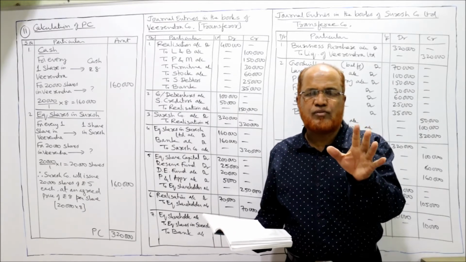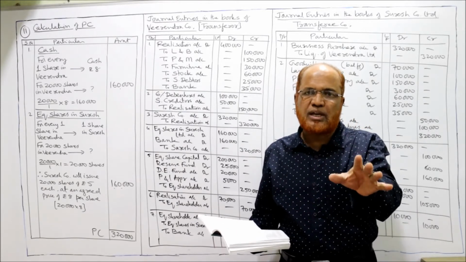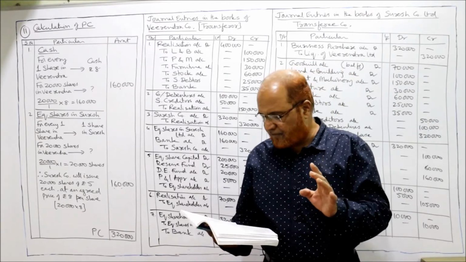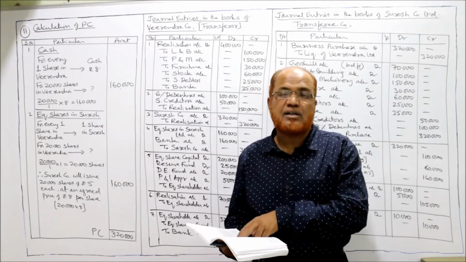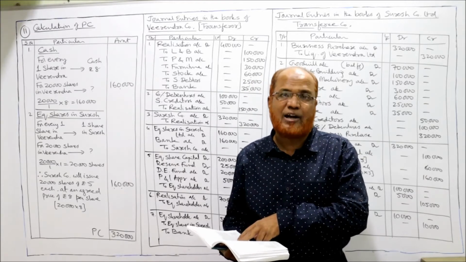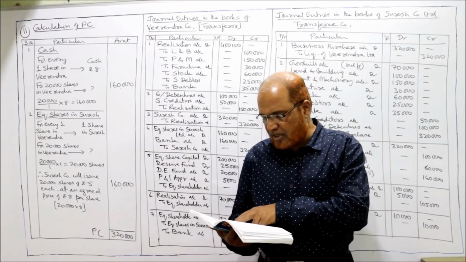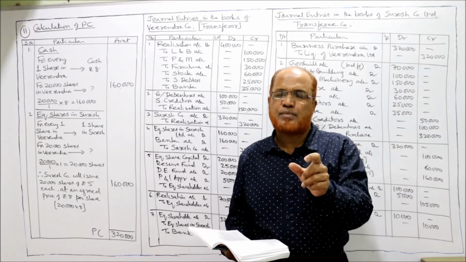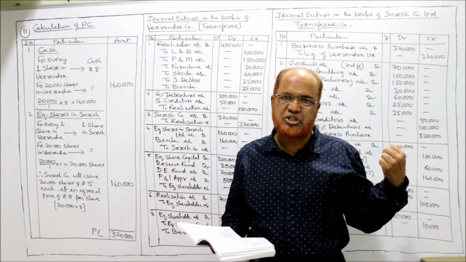So as many shares as Virendra Company has, Suresh Company will give the same number. Face value of the share is 5 rupees, but it is issued at an agreed price of 8 rupees, 3 rupees premium. Suresh Company Limited agrees to pay cost of liquidation 10,000.